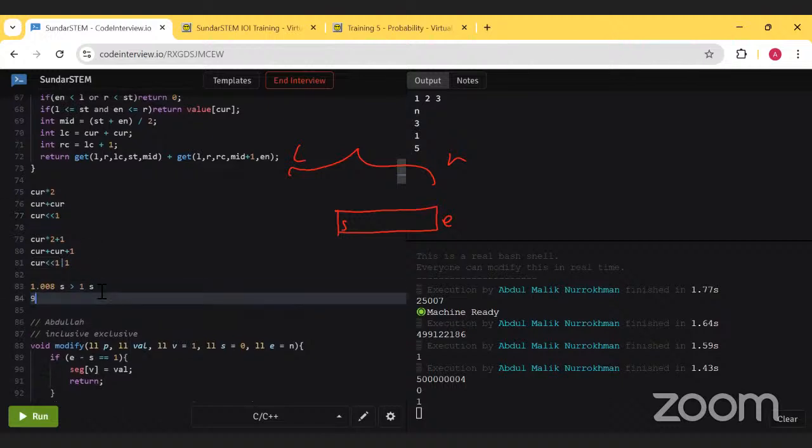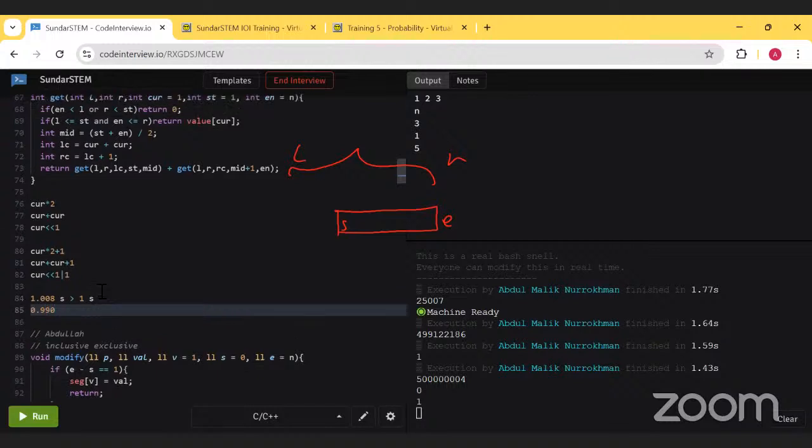Hopefully our runtime will be lower, let's say 99 like this. But usually the time limit will be loosened, not too strict like this.